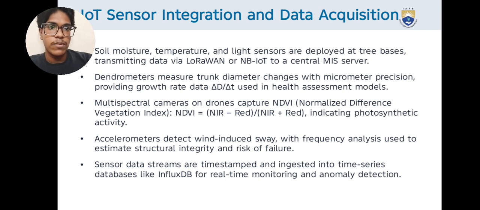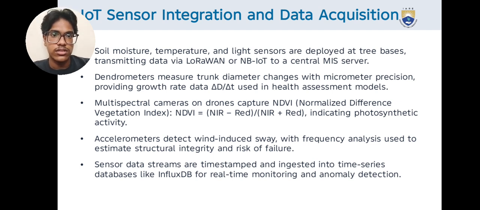Multispectral cameras on drones capture NDVI, the normalized difference vegetation index. NDVI equals NIR minus red over NIR plus red, indicating photosynthesis activity.